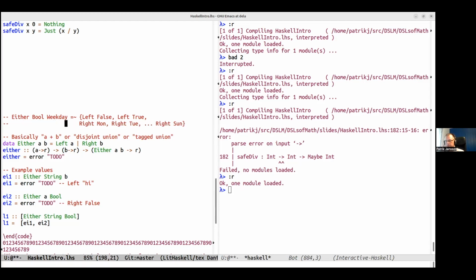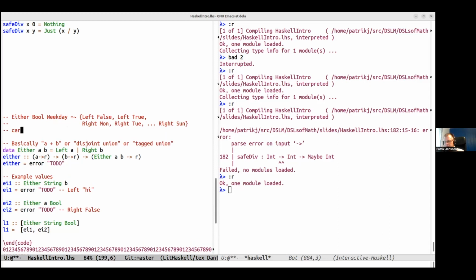Maybe I should indent it suitably. And you can see that the cardinality, the number of elements in this either bool weekday, is the cardinality of bool plus the cardinality of weekday equals 2 plus 7 equals 9. So the same counting as we had before, but for addition instead of multiplication.